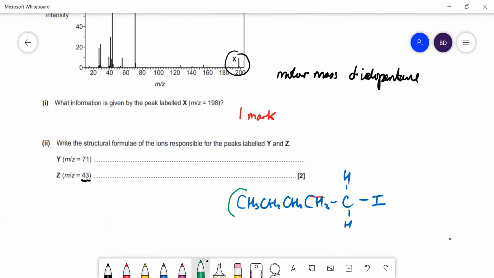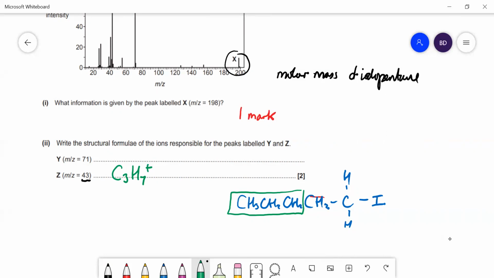If it fragmented there, CH3 weighs 15, which is obviously not right. If it fragments here, you end up with C2H5, which is 29, so that's too small. But if it fragments there, you end up with C3H7, which has an MR of 43. And of course, it's going to be an ion to give a peak, so we need to put a positive charge there.